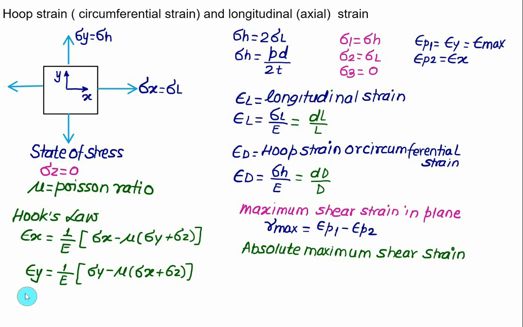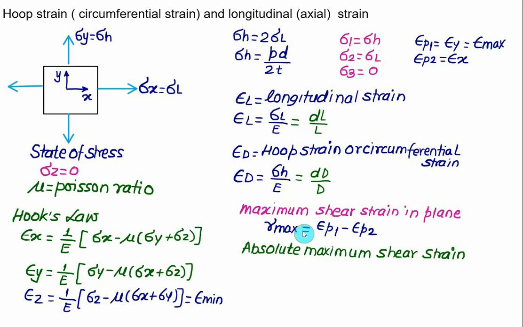And if you calculate epsilon z using the same equation, 1 by E into sigma z minus mu times sigma x plus sigma y, and you put the value of sigma z equal to 0, this value will give you the minimum value of the three principal strains, and the maximum value is given as epsilon max.